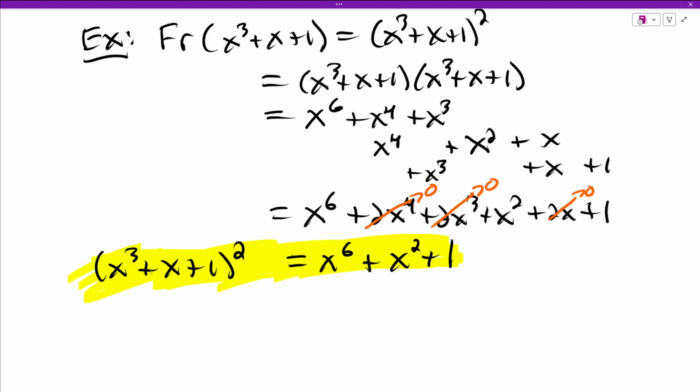A lot of math is just you sit there and you just write it out and you see what happens. What happens here is really we didn't even look at the cross terms. We just squared each of the individual guys, right? That's exactly what happened to get there. And this is sometimes called the freshman's dream. It doesn't really matter what it's called.